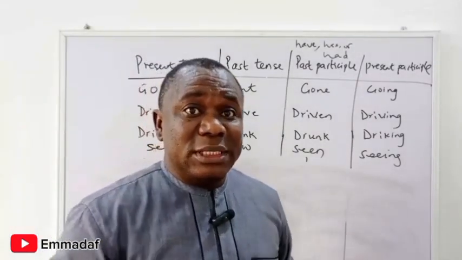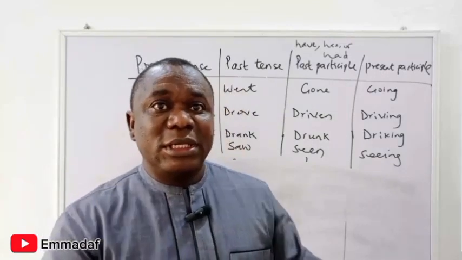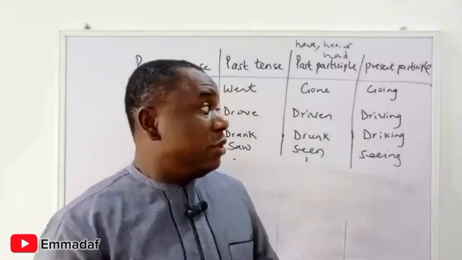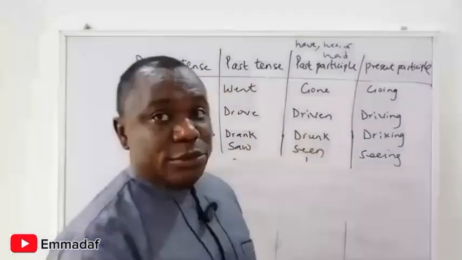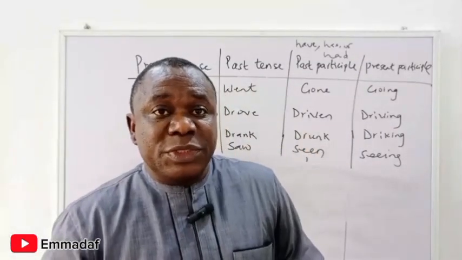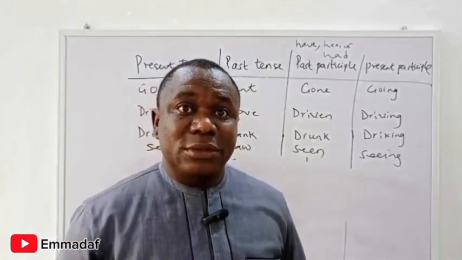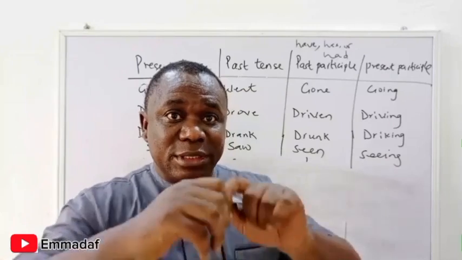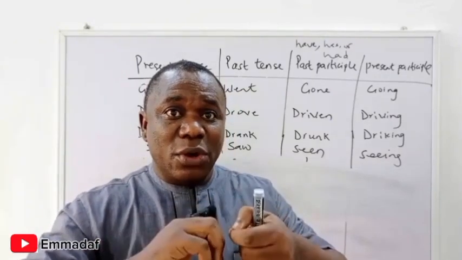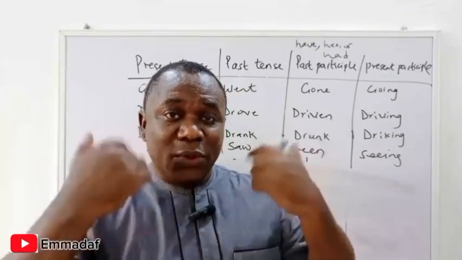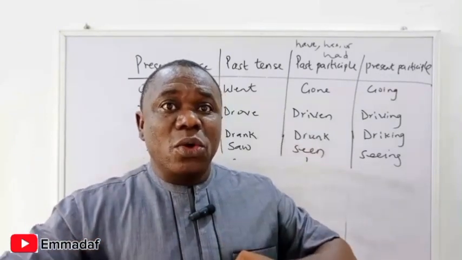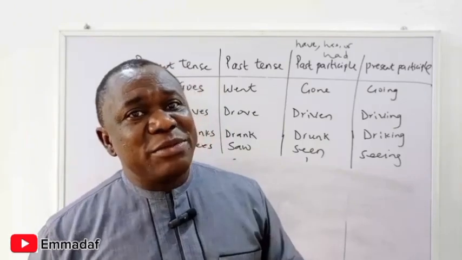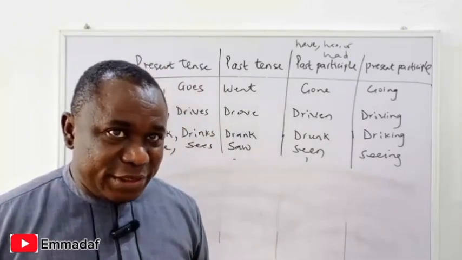Run, ran, run. Come, came, come. Go, went, gone. Do, did, done. Write, wrote, written. Tear, tore, torn. Wear, wore, worn. They are called irregular verbs. And they are the verbs that give problems to students.